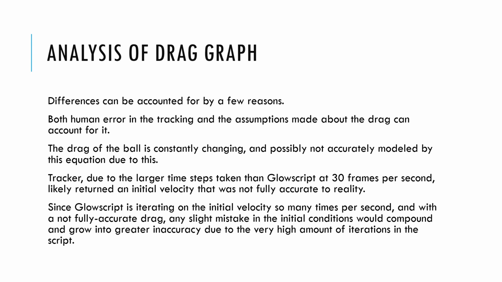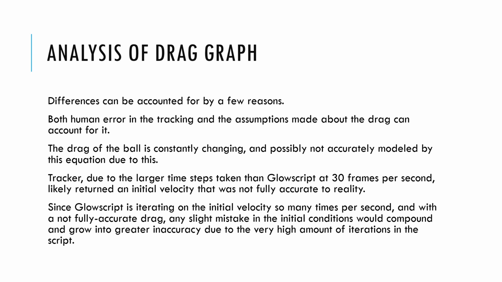So there are a few reasons for this difference between prediction and reality. As mentioned before, human error in the tracking and the filming plays a large role. And also the drag of the ball isn't constant, and it's constantly changing since it's such an irregular object.